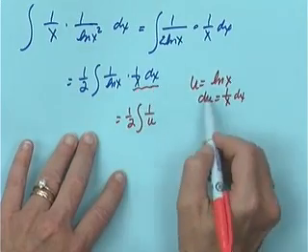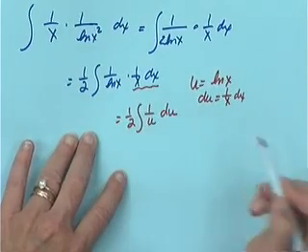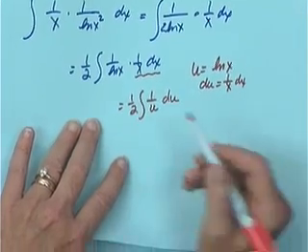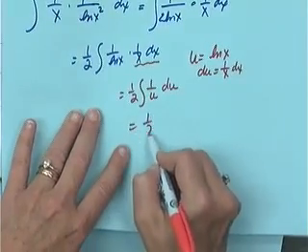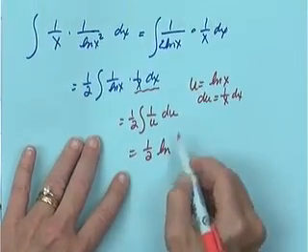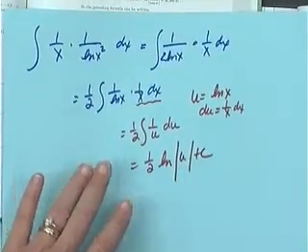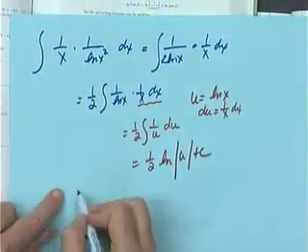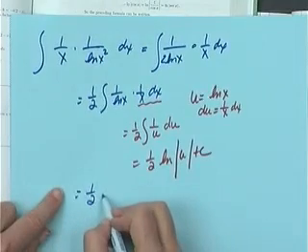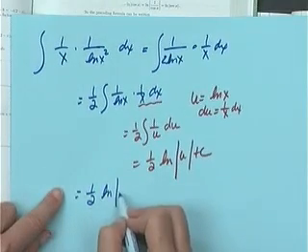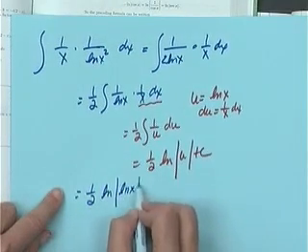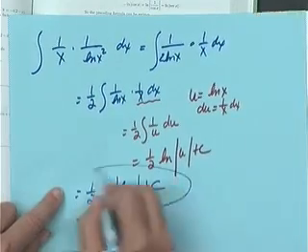The 1 over x dx is exactly du. So we get 1/2 natural log absolute value u plus c. So let's put in what it is. We get 1/2 natural log, in the place of u, we put natural log x plus c.